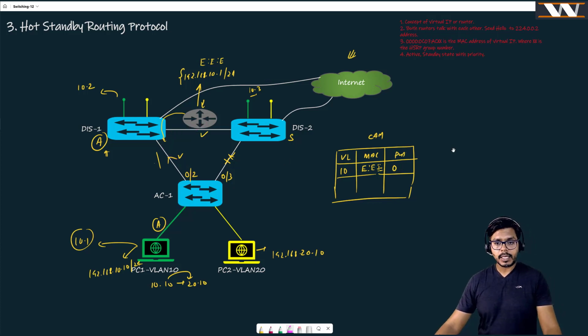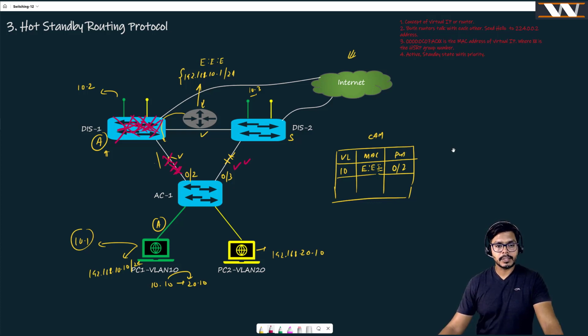Now, let's consider another scenario. Very interesting. What is happening, guys, is suppose this link, or this distribution switch, is down. If this is down, then this is also down. It means that spanning tree has to bring this port up.